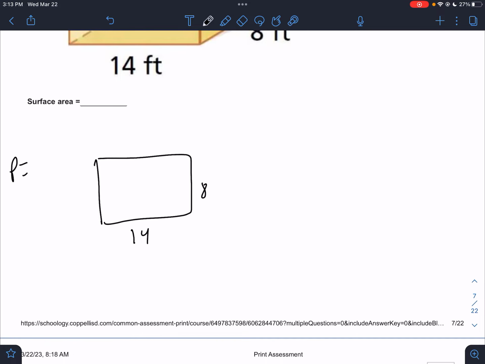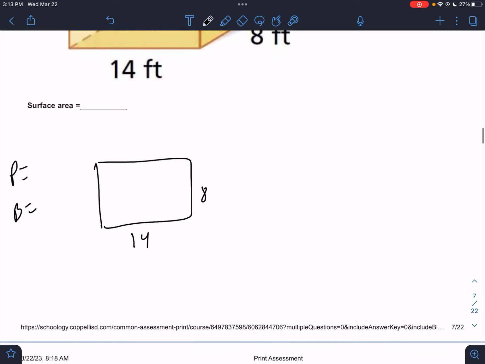I need the perimeter and the area of that base. Well, the perimeter would be add up all the sides. 14 plus 8 is 22. Times 2 is 44. So the perimeter of the bottom is 44. The area of the bottom would be 8 times 14, which is 112. 80 plus 32.